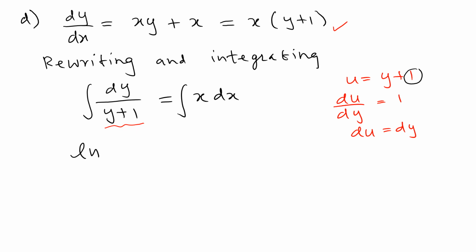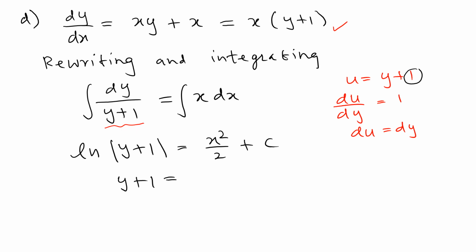It is ln of the absolute value of y plus 1. And on the other side, you get x squared over 2 by the power rule, and just add the constant. And then as we did before in the previous example, we can write this as y plus 1 equals plus or minus e to the c, e to the x squared over 2. We bring it to the e first and then separate the two variables.